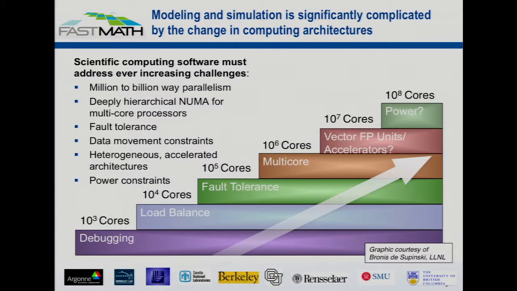And it's made even more complicated by the fact that computers are changing. As the number of cores increases, we increasingly have to worry about different kinds of challenges. And we are getting to the point where power is becoming a first-class concern in terms of how we think about our algorithms and how we think about how we design our software.